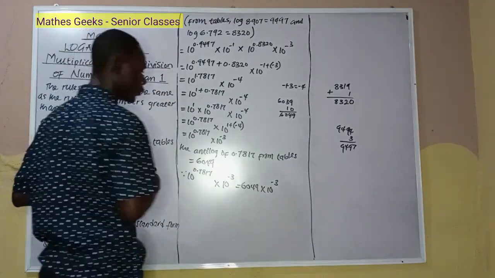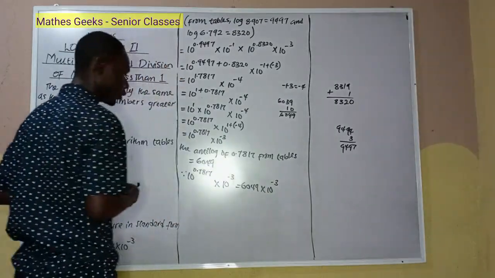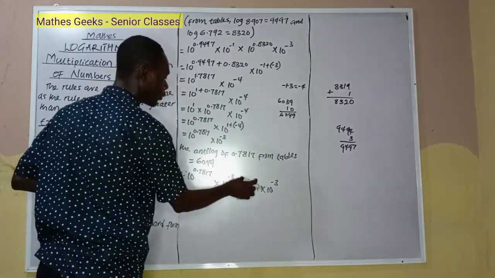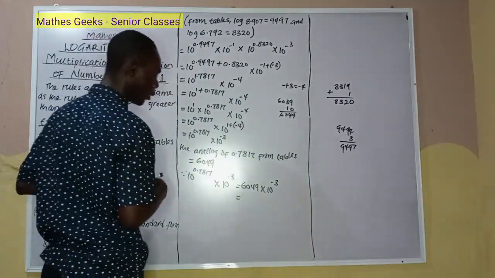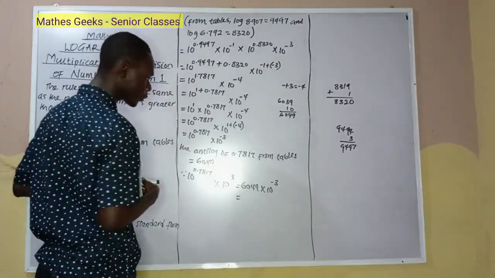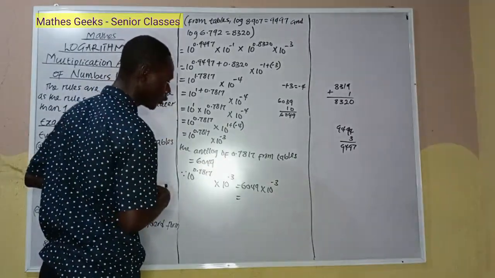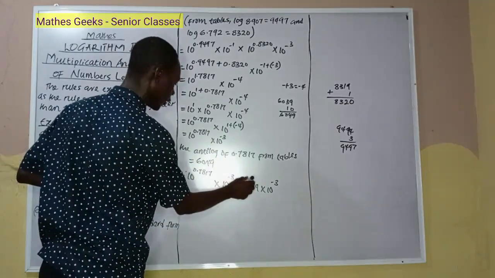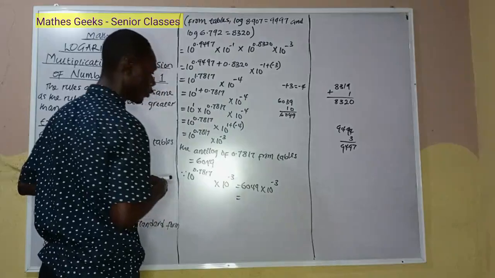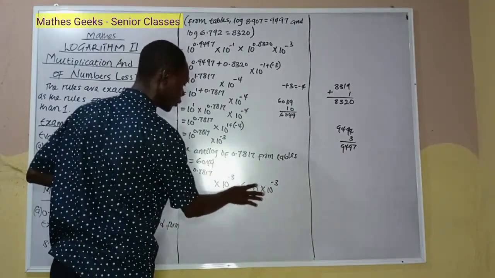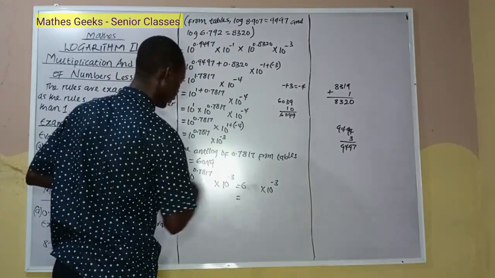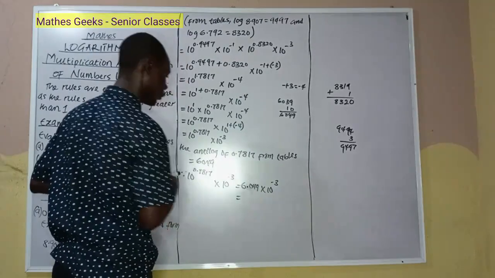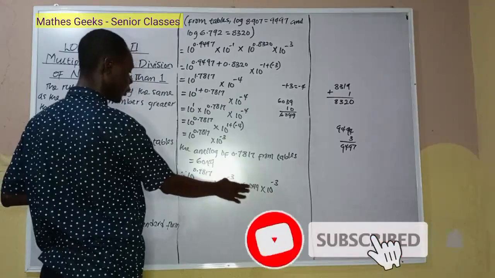Remember that minus 3 here is a characteristic. Since it's a standard form, we move our decimal point backwards. So that is 6.049 times 10 raised to minus 3. Why do we have our decimal point here?